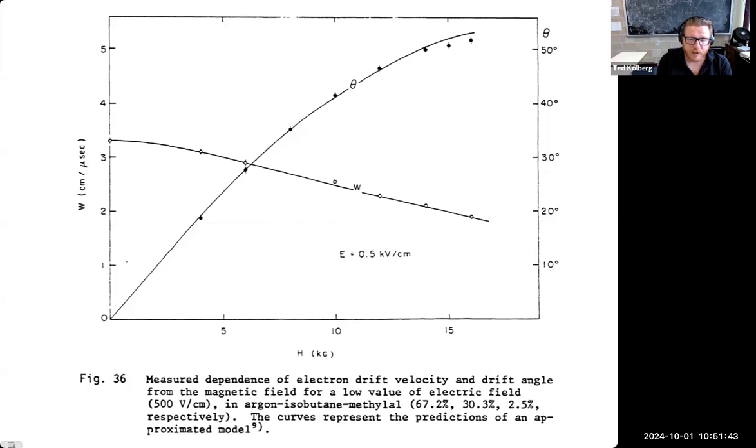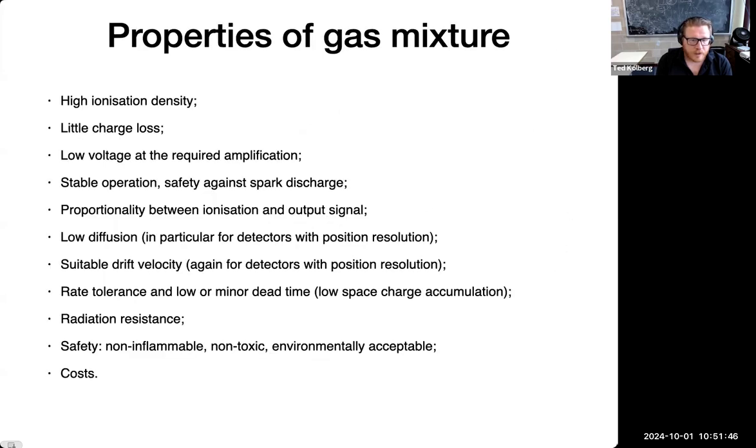To that, we can add a whole laundry list of other ways that we might want our chamber to behave. We would like to have a high ionization density. So this drives our choice of the main component of the gas mixture.